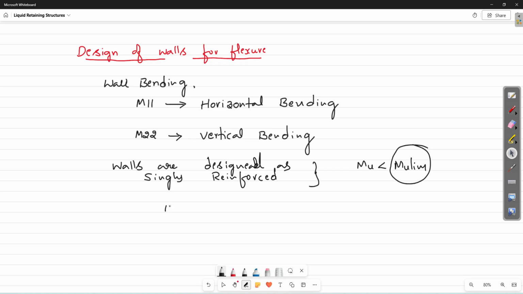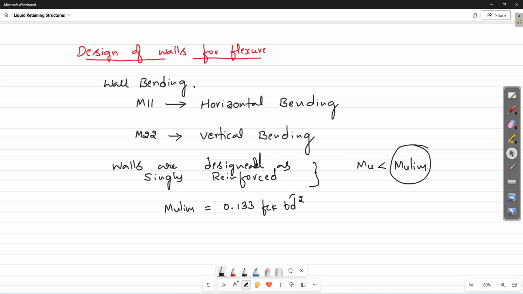You know the formula. Mu limit equals 0.133 fck b d square. This is the formula to calculate Mu limit.